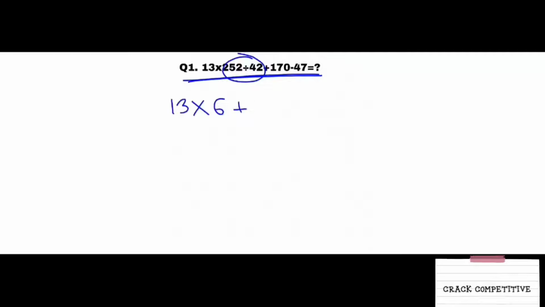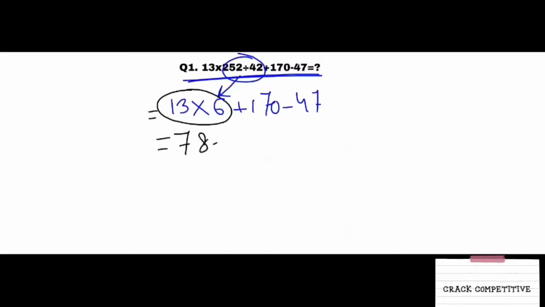I'm repeating the equation. Then what? The next is 13 into 6. What is 13 into 6? It is 78. You know this is a table you have to know.